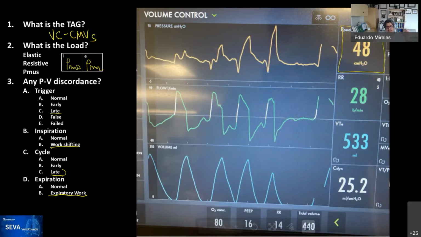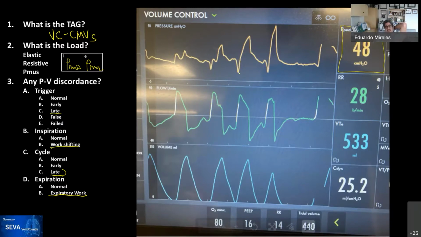So that's why you see that drop in pressure. It's not necessarily a late trigger. Actually, if you try to match the lines, they are pretty much aligned. The ventilator is triggering. It's just that the patient is doing a lot of effort.